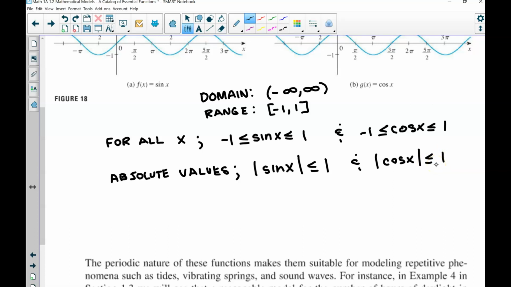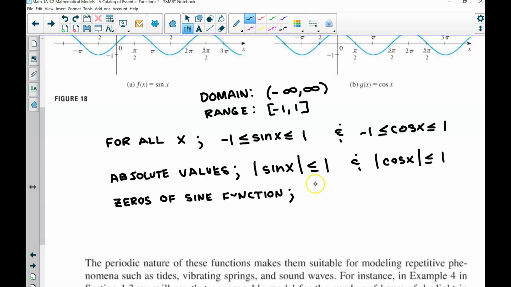And then the zeros of the sine function occur at integer multiples of pi.